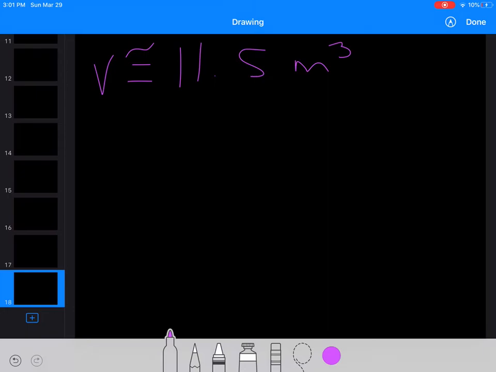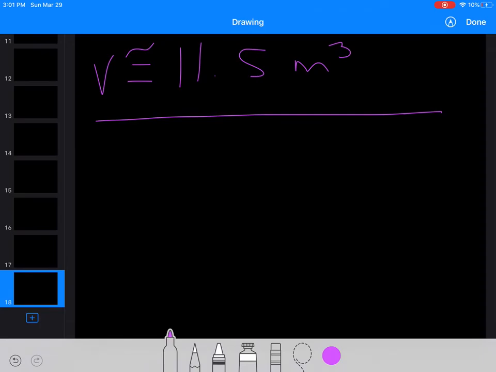Okay, so let's find the density of this. Just know that you could be asking for the mass of an object, but in this case, let's say we're given the density.